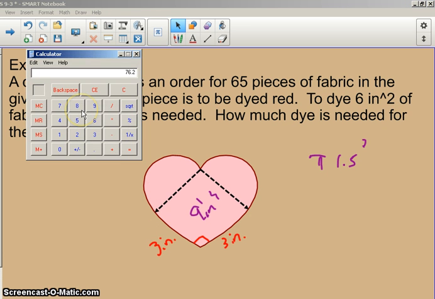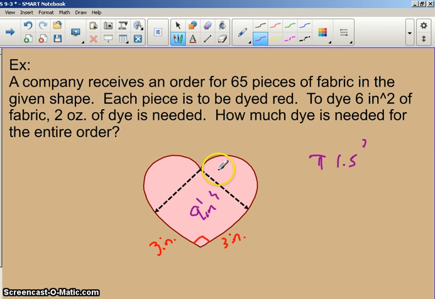Okay, so let's see, 1.5 times 1.5 equals, then we want to multiply that times 3.14, and that's going to give us 7.1, is what we'll go with for the entire circle.